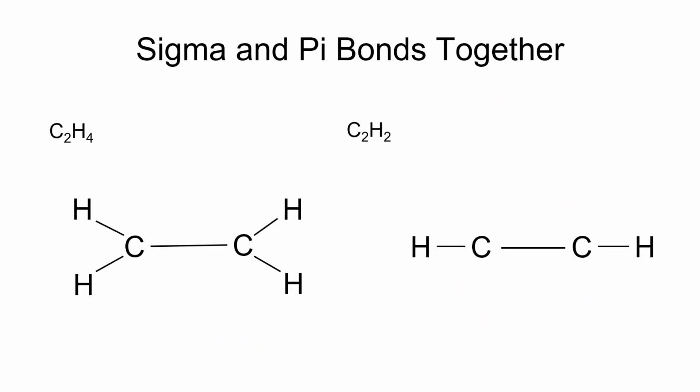Alrighty, so let's illustrate to show how this looks all together. We know that for C2H4, if you're going to bond two carbons and you're only going to have 4 hydrogens to do it, then you're going to need a double bond to make that happen.